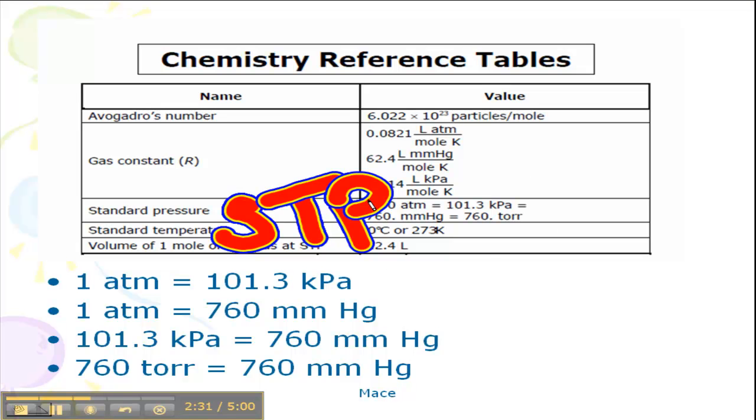Make sure you can still read your stuff, but really, where you can see it, I want you to write STP on standard temperature and pressure so that you will see it on your reference packet.